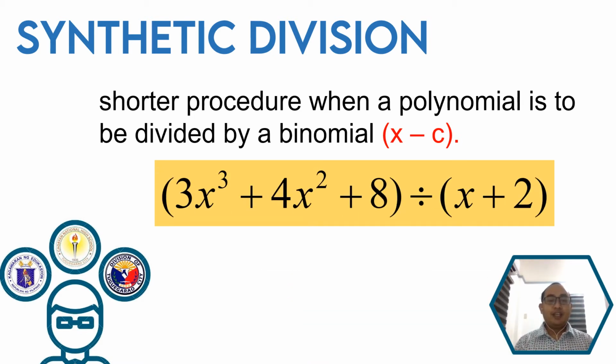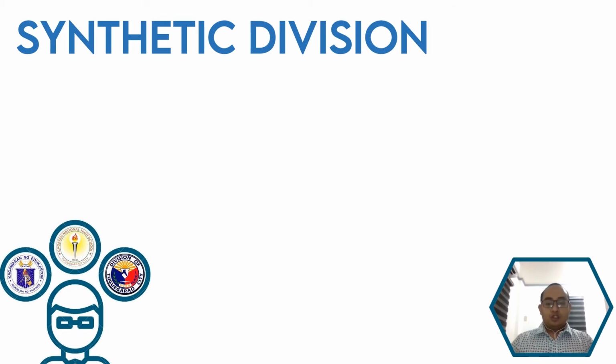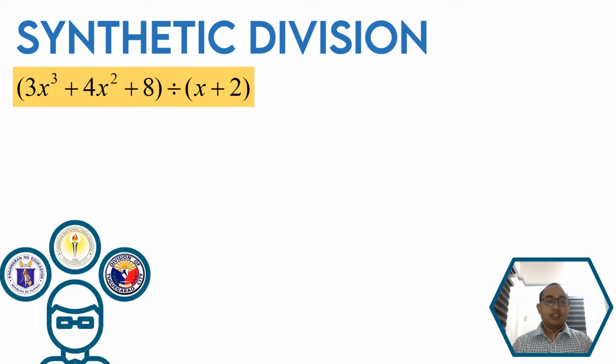What if we divide 3x cubed plus 4x squared plus 8 by the binomial x plus 2? So our given is 3x cubed plus 4x squared plus 8 divided by x plus 2.